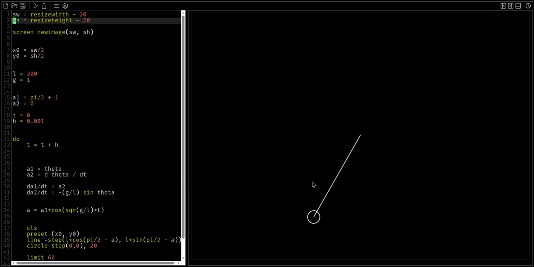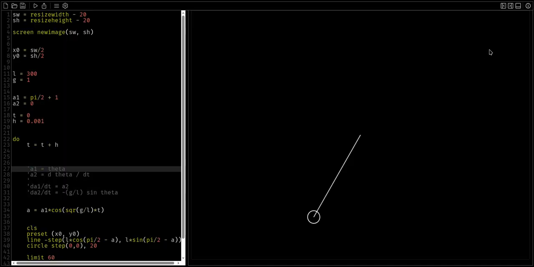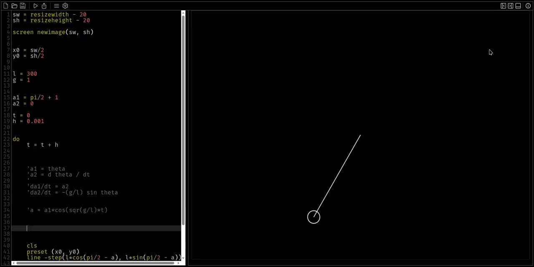These are, of course, algebraic comments until we get a true interface, but comment the small angle approximation out.